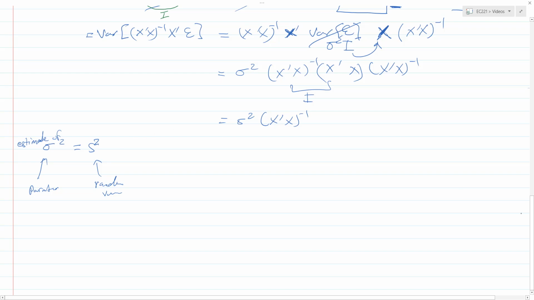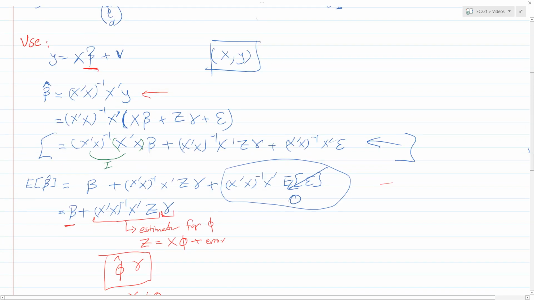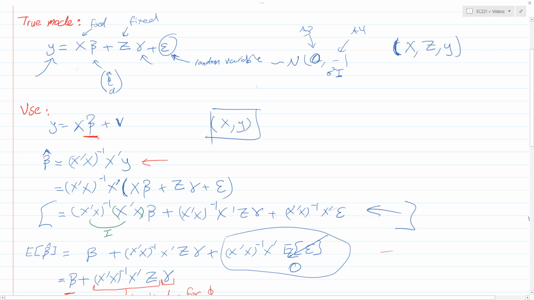Now, we said we're going to use the short model, and that means we're going to collect x and y only, pairs of x and y's, not triples of x, z, y's. So we have less information.